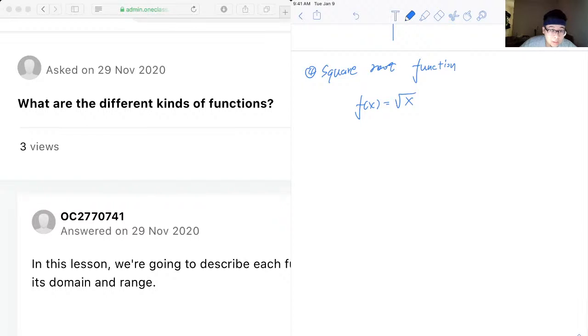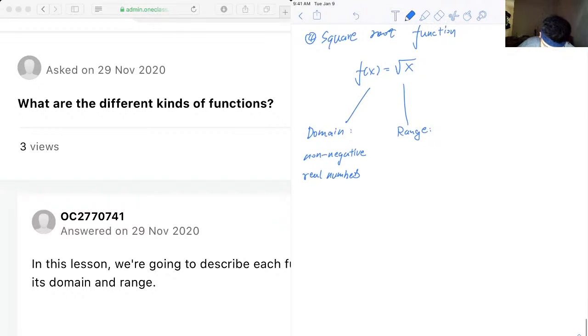The domain is the set of non-negative real numbers, and the range is also the set of non-negative real numbers.